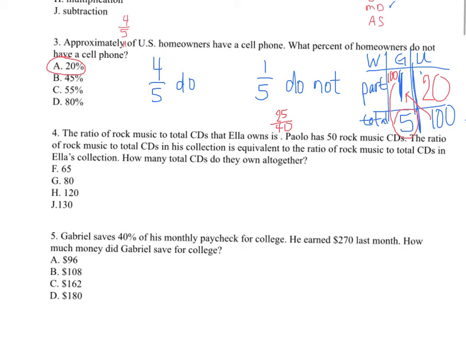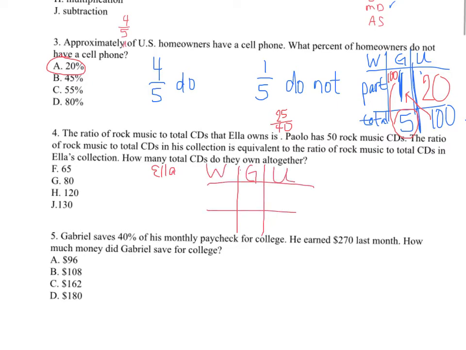And Paulo has 50 rock music CDs. The ratio of rock music to total CDs in his collection is equivalent to the ratio of rock music to total CDs in Ella's. How many do they own altogether? So let's look at Ella's first. She'll be the given information.